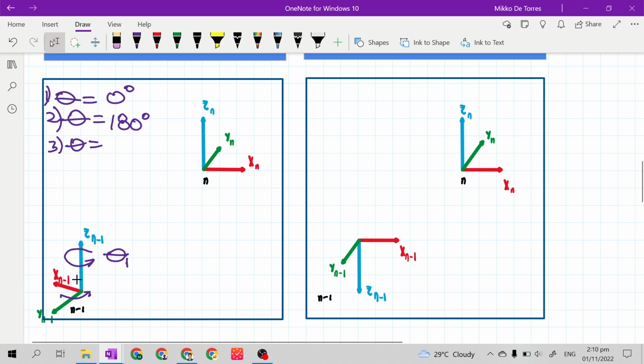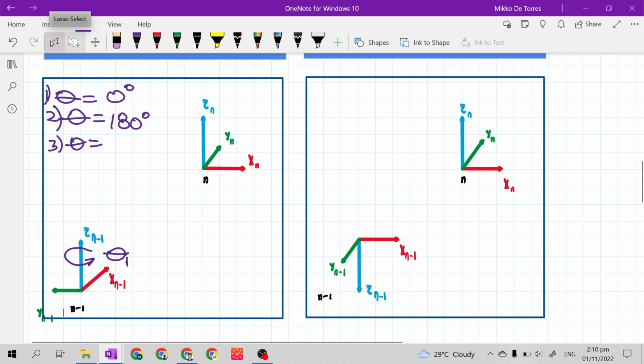So for example, let's rotate x sub n minus 1. I will put x sub n minus 1 backward. Because x sub n minus 1 is now pointing to the back, y sub n minus 1 will also change direction. It's now pointing to the left. So theta is the required angle to match the direction of x sub n minus 1 to the direction of x sub n.